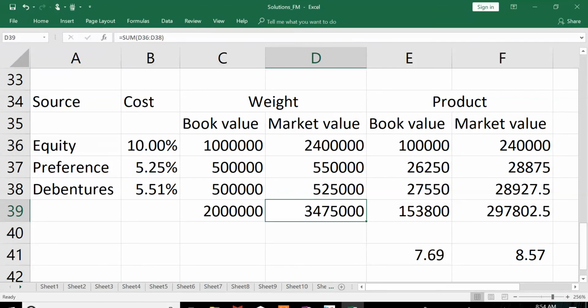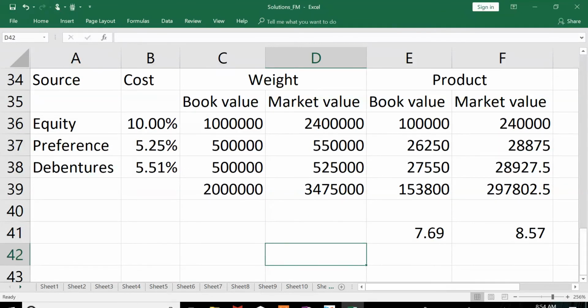The answer is 7.69 and 8.57. Some of you look a little confused.